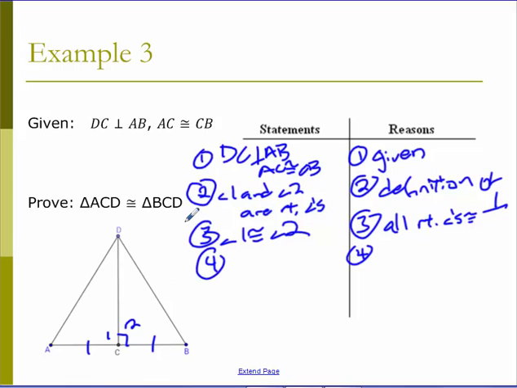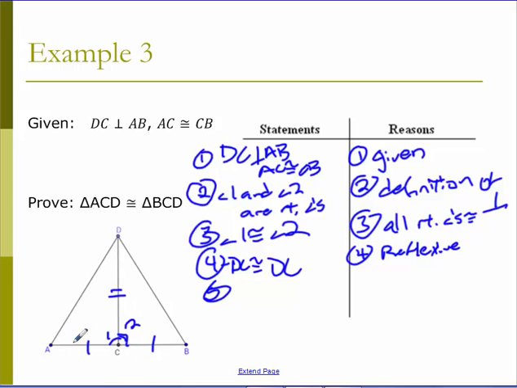So I've got two things in each triangle. I've got an angle and an angle. I've got a side and a side. I need to find a third thing. I could either use an angle, I could use another side. Because the two triangles are touching, I'm going to use this middle side. So I'm going to say that DC is congruent to DC, and that's reflexive property.